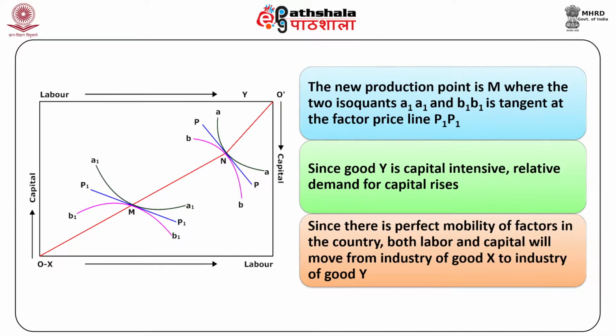The new production point is M, where the two isoquants A1 and B1 are tangent at the factor price line P1. Since good Y is capital intensive, relative demand for capital rises. Since there is perfect mobility of factors in the country, both labor and capital will move from industry of good X to industry of good Y.